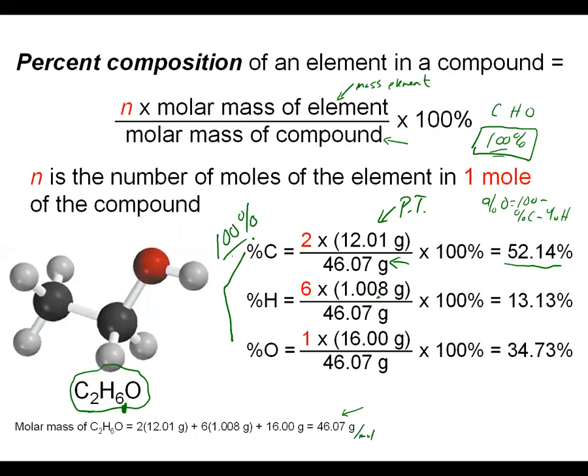And if it doesn't add up to 100%, that means that obviously you're missing an element somewhere. And when we talk about adding up to 100%, it doesn't have to be perfect, like 100% on the nose. It can be just a little over 100%, just a little under 100%, but it really should be in that ballpark, pretty close to 100%. Any questions on how you calculate the percent composition by mass there?